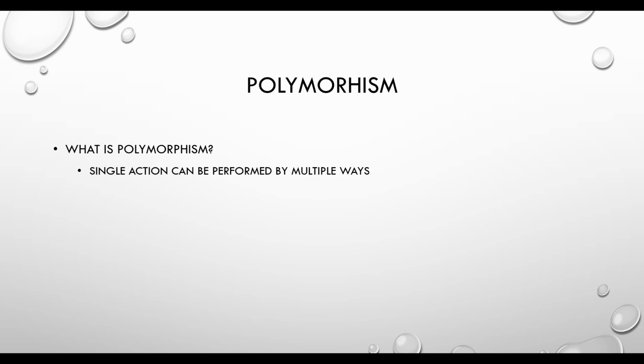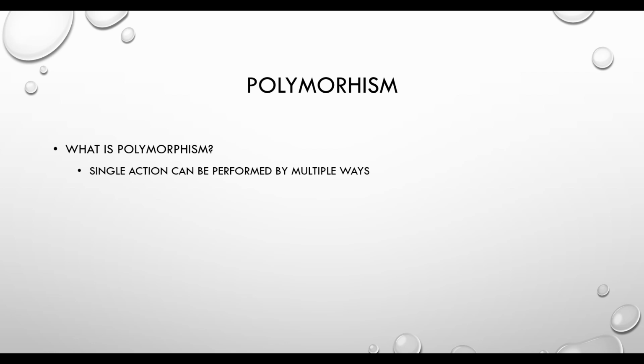So what is polymorphism? As I mentioned, a single action can be performed in multiple ways. As in the example of traveling from New Delhi to New York, we can go in multiple ways. We are performing a single action, traveling from New Delhi to New York, but we are doing it in multiple ways.